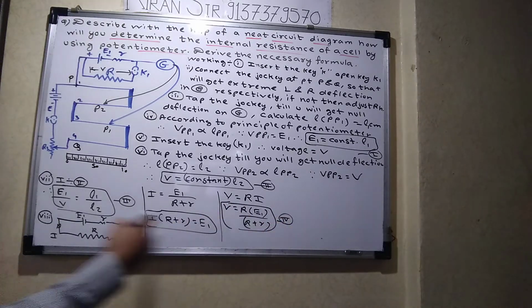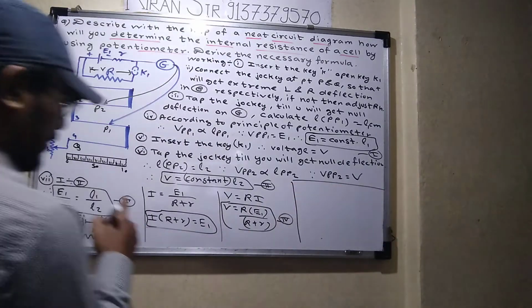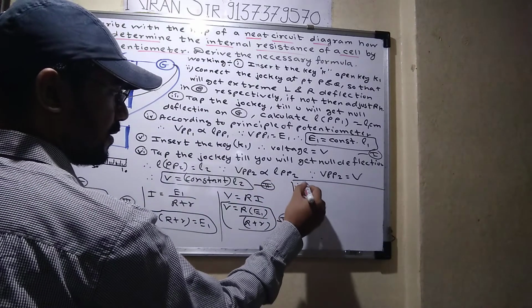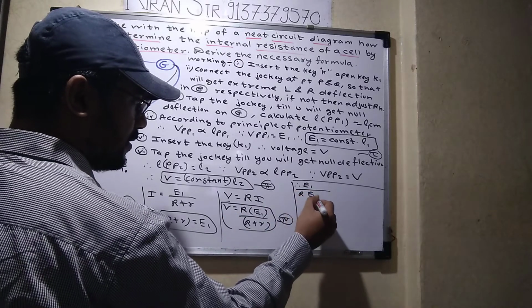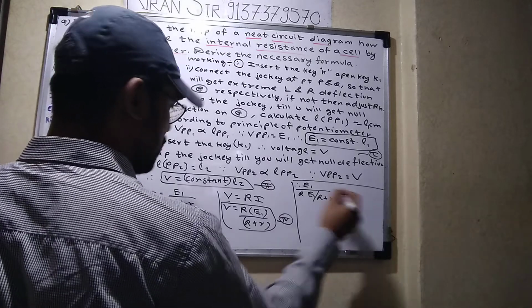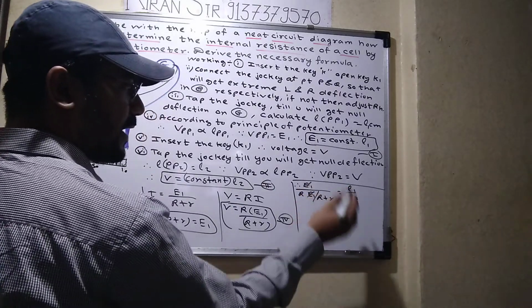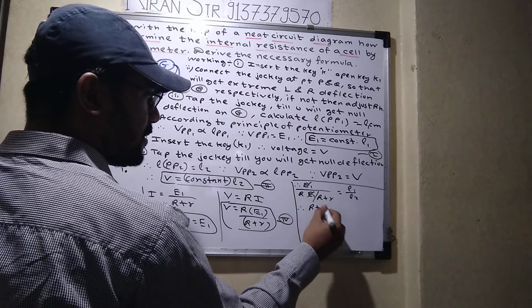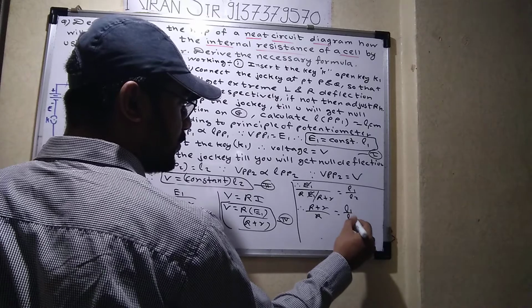I will put equation 4 in equation number 3. Concentrate here. Equation number 3 will be E1 upon R, E1 upon R plus small r equals L1 upon L2. E1 gets cancelled, so R plus small r upon capital R is L1 upon L2.